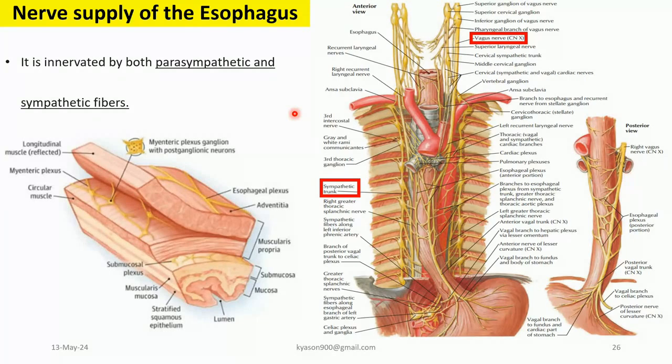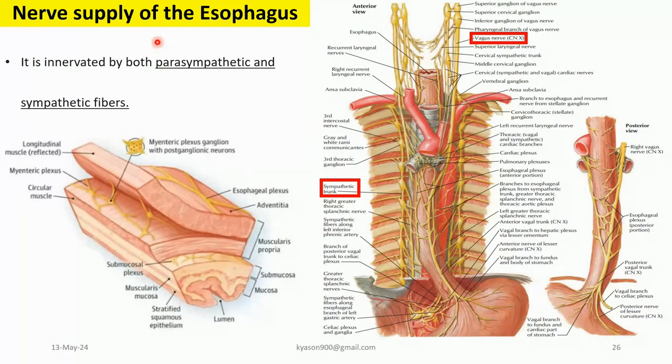Right now, you can't sit there and start contracting your heart or your stomach, and you can't make some part of this esophagus contract to allow peristalsis to go on. Such structures that we don't have full control over are controlled by the autonomic nervous system: your lungs, your bladder, and many others.